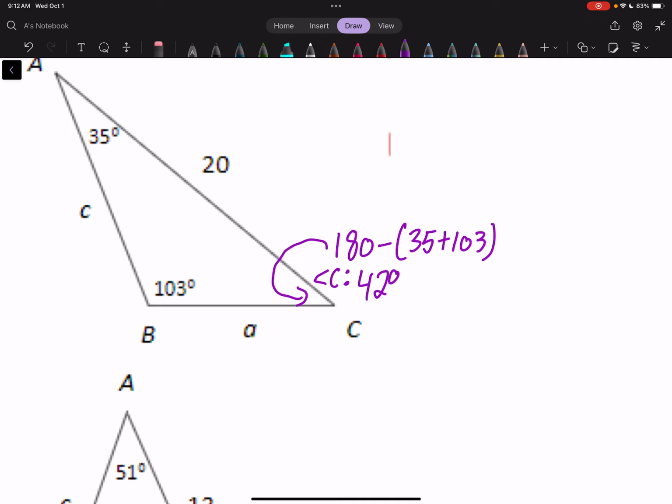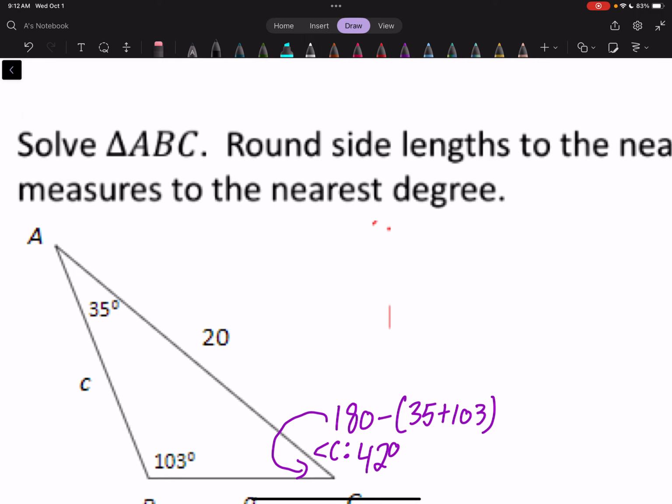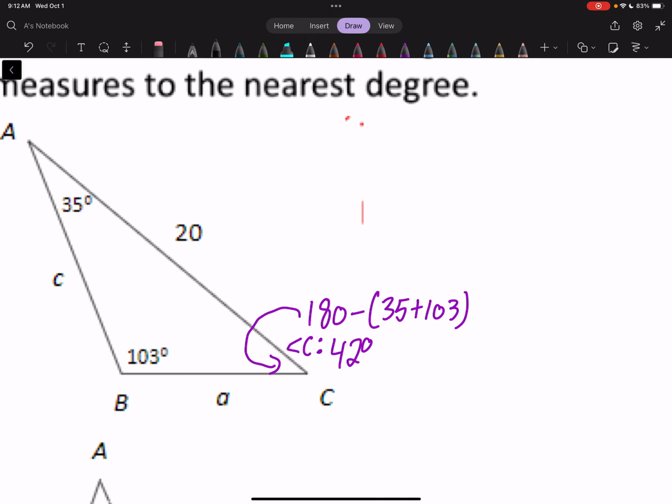To do that, since I don't have a side C, I would find side A first. So if I have A divided by, notice I'm using the reciprocal because it is easier. I'm looking for the side length. I'm starting with the side length as the numerator.